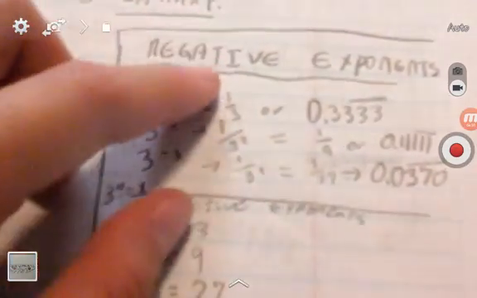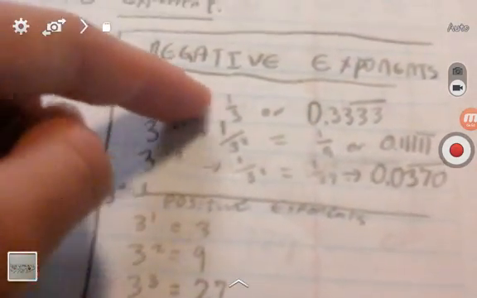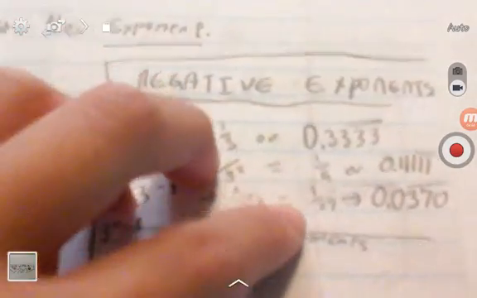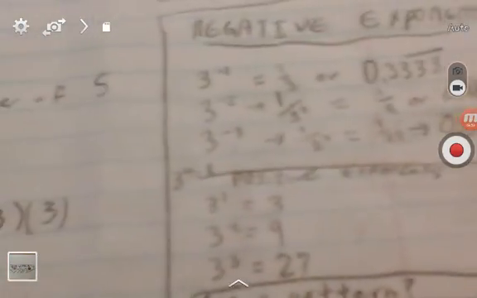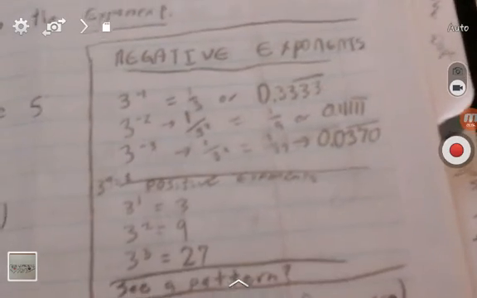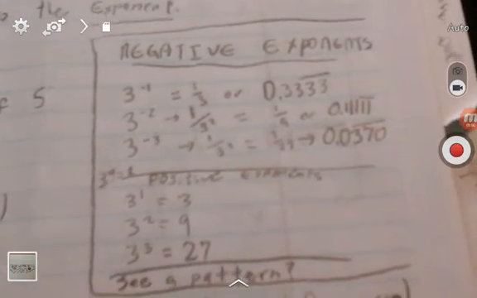And here, the pattern continues: 1/3, 1/9, and 1/27. That's 27s. So, as you can see, there's a pattern, and it can be used with any number. I will show you how to solve a negative exponent now, but just study the chart a little bit.